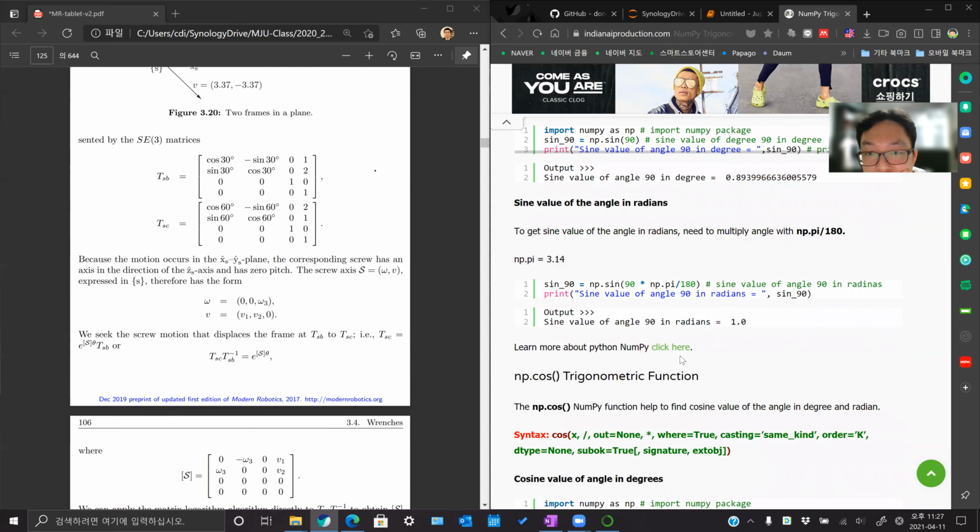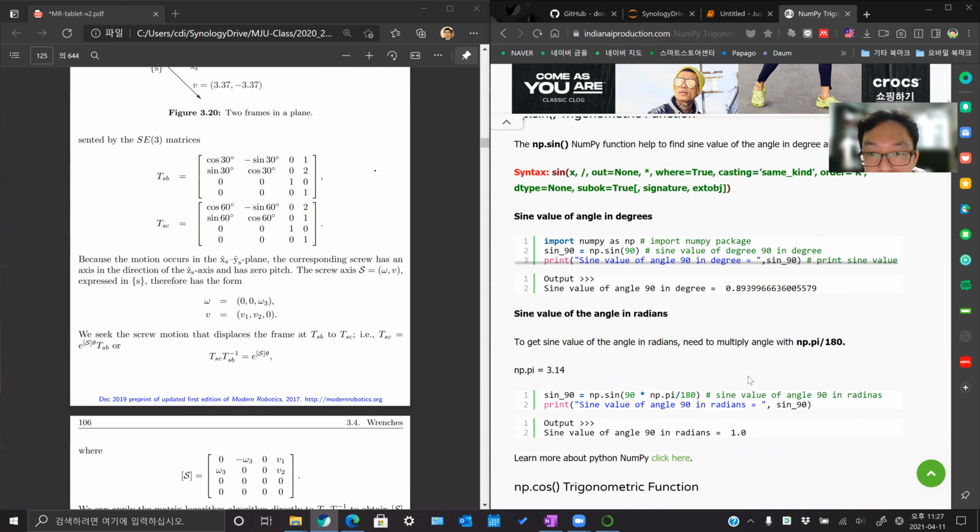Basically, okay. Yeah, in here, we should input the radian value in the np.sin function.